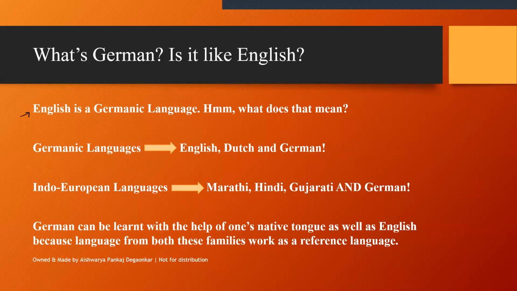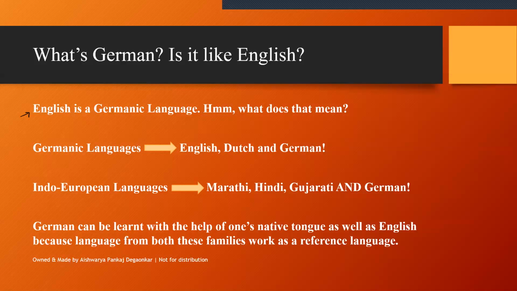Now comes the second group, the major group of languages, the Indo-European languages, where we have the Central and North Indian languages that we speak, such as Marathi, Hindi, Gujarati, and Bengali as well. And as a part of the Indo-European languages, German is also in that same group. Because of this, German can be easily learnt with any of those Central and North Indian languages, and English.